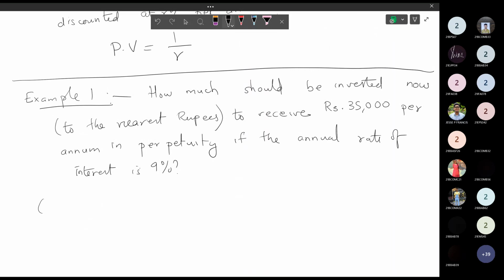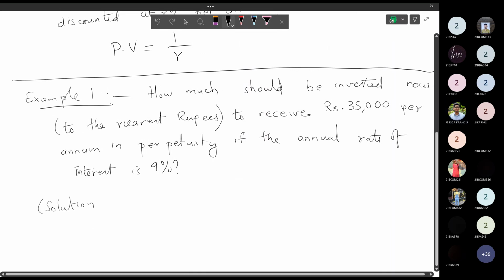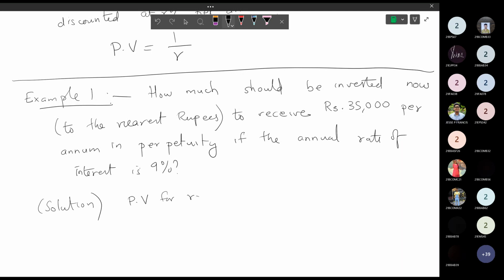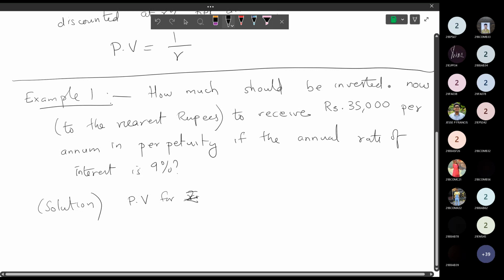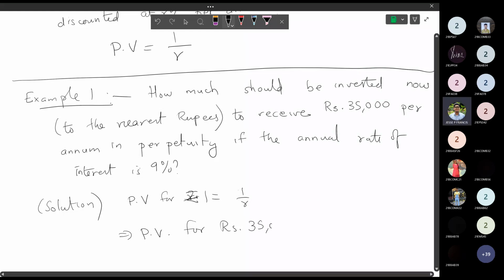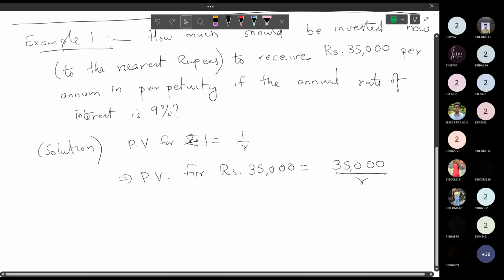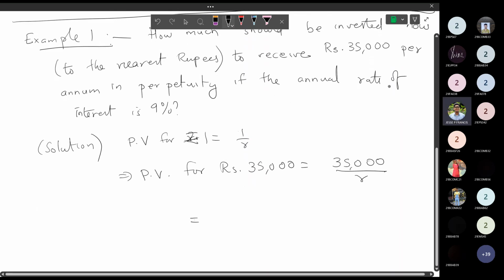Solution is fairly easy. Present value for rupees 1 is equal to 1 by R. Implies present value for rupees 35,000 is equal to 35,000 divided by R. Now, which is equal to 35,000 divided by, what is your R here? 9%.